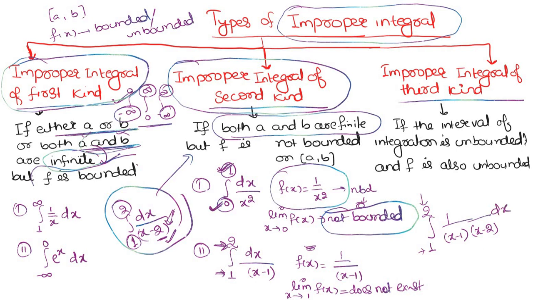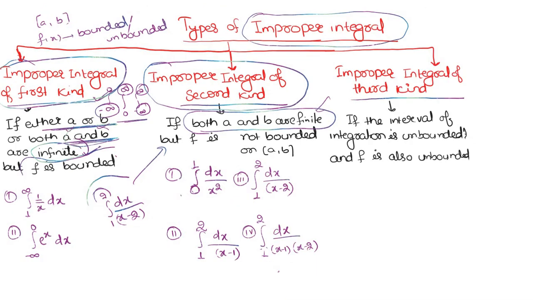So this is an example for improper integral of second kind, where a and b are two finite values, but the function is not bounded at x equals 1 and at x equals 2. You can make many more examples for improper integral of second kind by making the function not bounded, and taking both a and b finite.